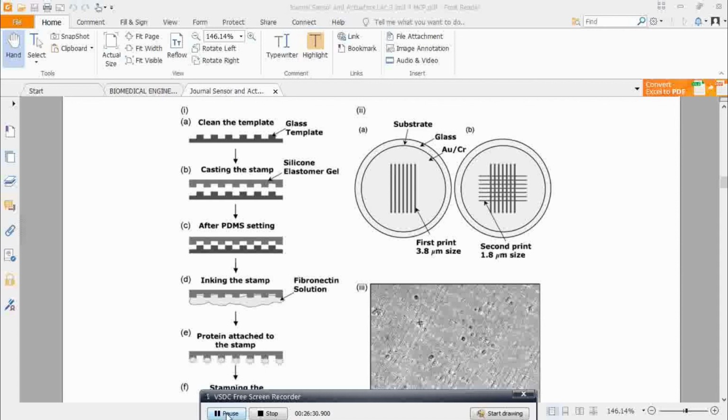In these studies I have explained micro contact printing. Sometimes it is also called micro surface patterning. In micro contact printing, I want you to answer from this paper: what are the materials that have been used to create the stamps used for micro contact printing?